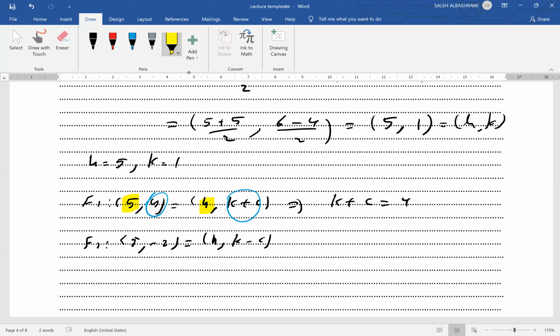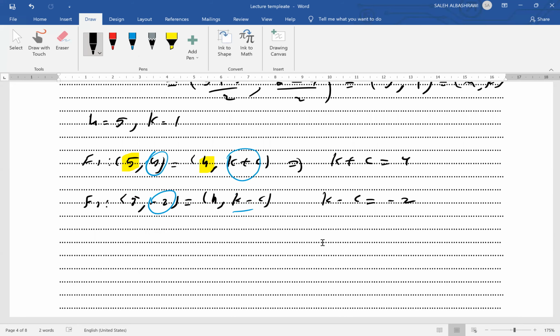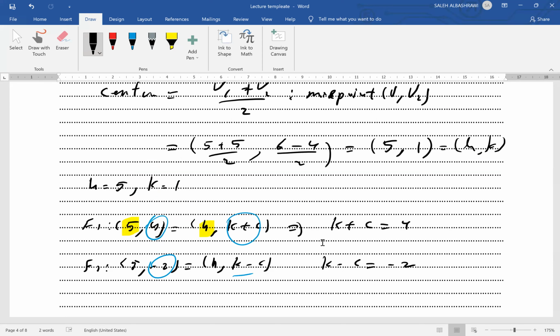And for the second one, k minus c is equal to minus 2. But we know that k is equal to 1.